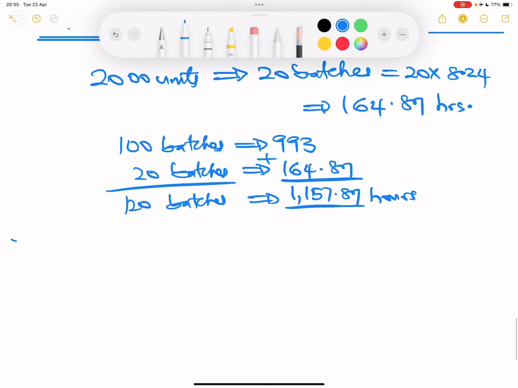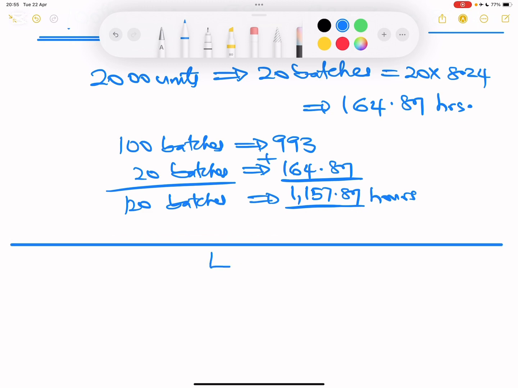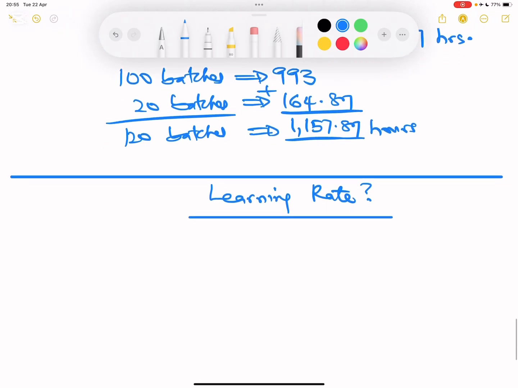Quickly, another way the question can test you is to ask you to calculate the learning rate. But this is just pure mathematics. You need to know how to calculate the learning rate. Usually you'll be given information, and it is this same formula you use, y equals ax raised to power b. So the first thing is always this.